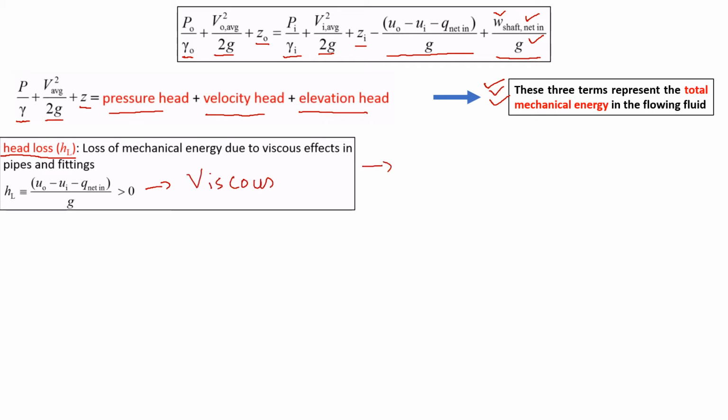So we had a discussion on viscosity. Again, if we define viscosity, why does viscosity occur? If there are 3 layers of fluid, and in the first layer the fluid is moving a bit faster than in the second layer, and in the third layer it is even slower.